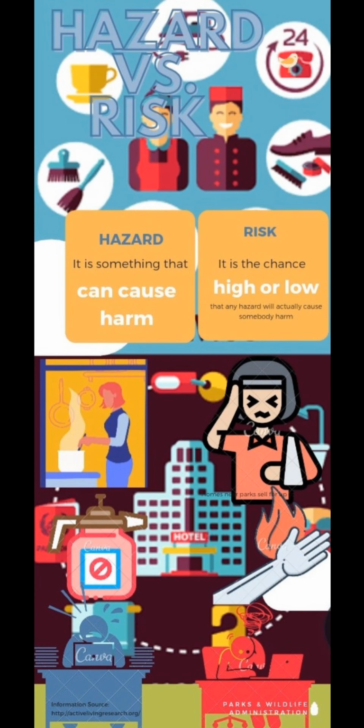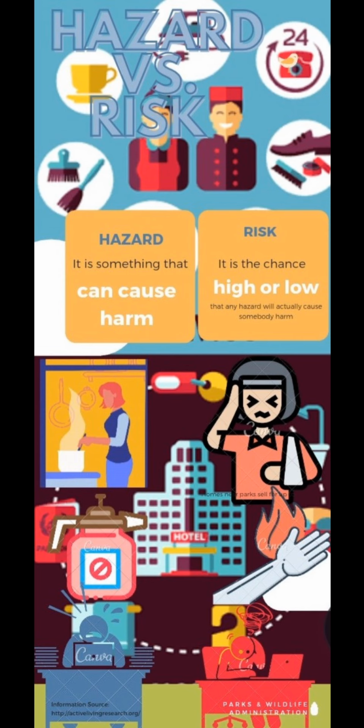Hazard versus risk. When we say hazard, it is something that can cause harm, while the risk is the chance, it can be high or low, that any hazard will actually cause somebody harm. As we see in the picture, hazards could include working with heavy machinery, using chemicals at work, a poorly set up workstation, or strained office relationships.